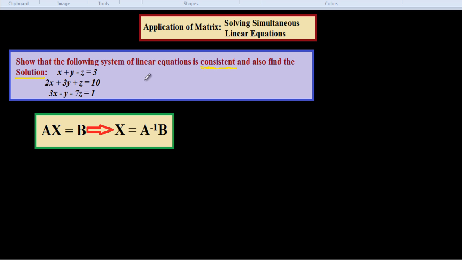Now, through matrix, how do we solve this sort of linear equations of two variables or three variables? We take an assumption.